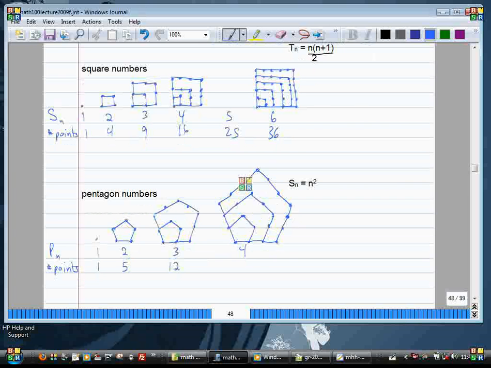Okay, so you think it should be 22. So let's check it. Is it 22? Let's count. 1, 2, 3, 4, 5, 6, 7, 8, 9, 10, 11, 12, 13, 14, 15, 16, 17, 18, 19, 20, 21, 22.